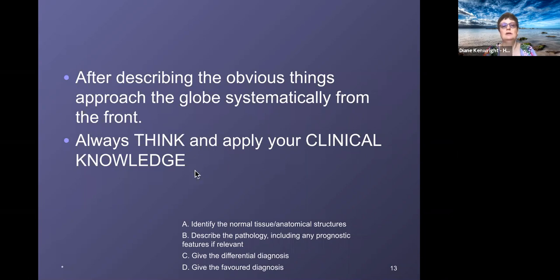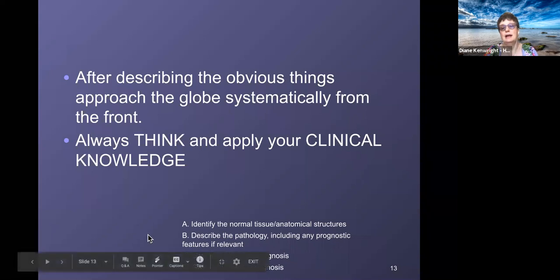You will have seen melanomas clinically. You know what they look like when you look in the eye. You know the staging factors when you're actually working in practice. And because what you see in the eye is so intimately related to the histopathology, you can kind of translate it. So applying your clinical knowledge will give you the differential diagnosis and the favored diagnosis.